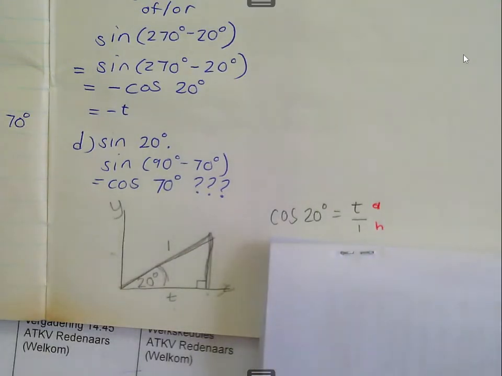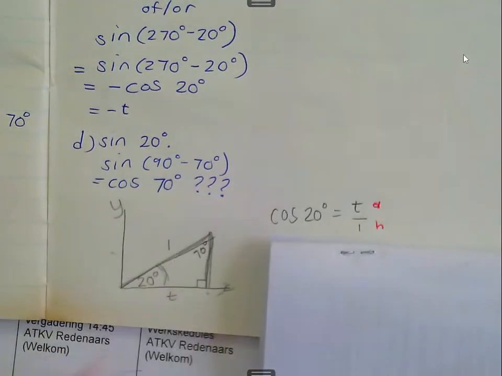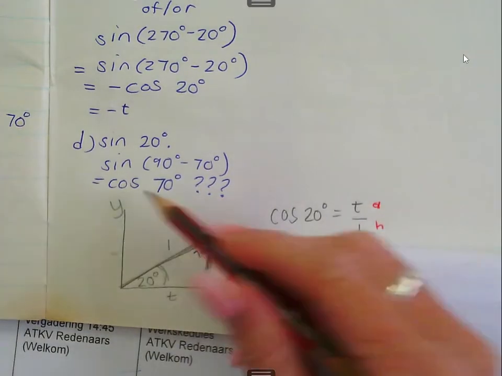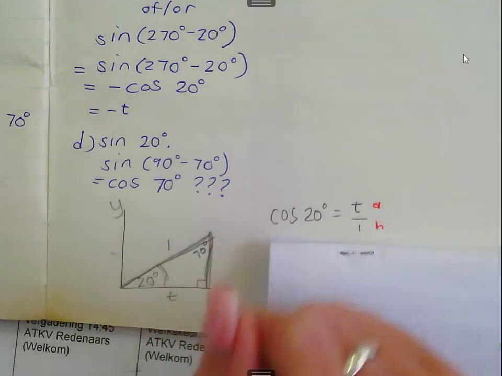Do you see there is a 70 degree angle in that triangle? It's this one. It must be 70, because the sum of the interior angles is 180. So even if I have the 70 degrees, then I need cos. Cos is adjacent over hypotenuse. So I need the length of that side.